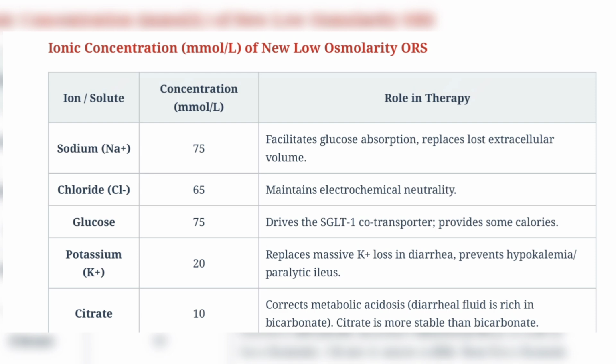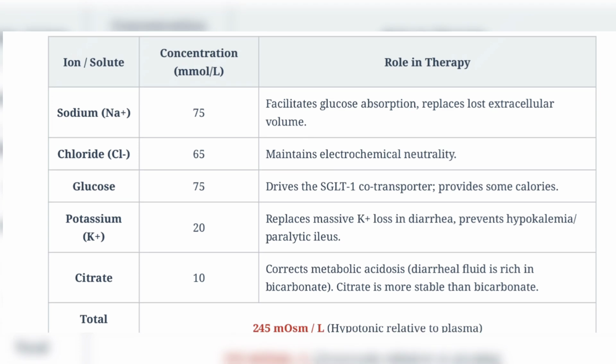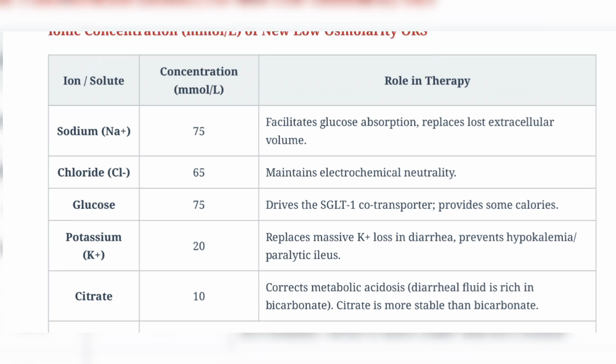Ionic concentration of the new low osmolarity ORS: which are the solutes used in the new ORS, what are their concentrations, and what is their role in ORS therapy. The sodium concentration in low osmolarity ORS is only 75 millimole per liter.